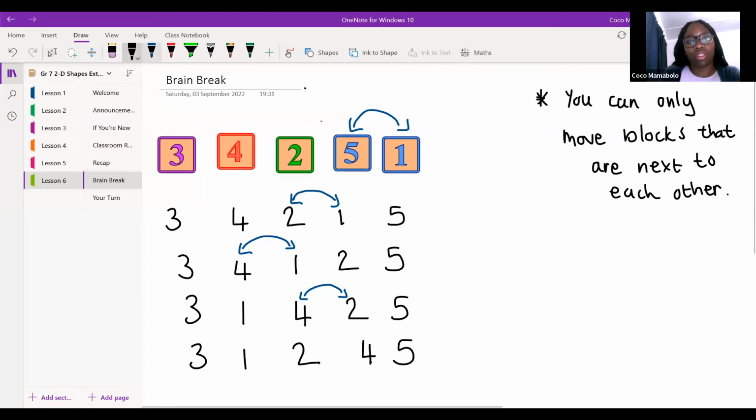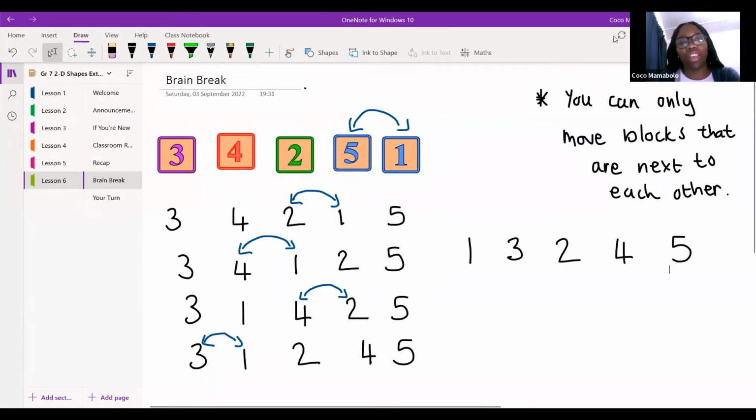So which two am I going to move? 3 and 1. Okay, so we're going to swap 3 and 1 around. Excellent. So now I'm going to write up here, otherwise I'm going to run out of space. 1, 3, 2, 4, and 5. Excellent. Okay, cool. And I think we've got one move left.